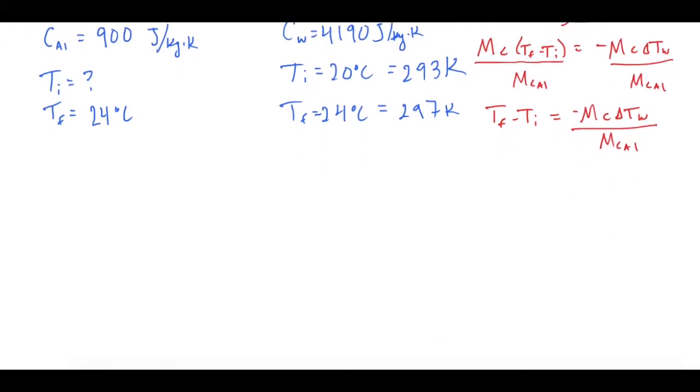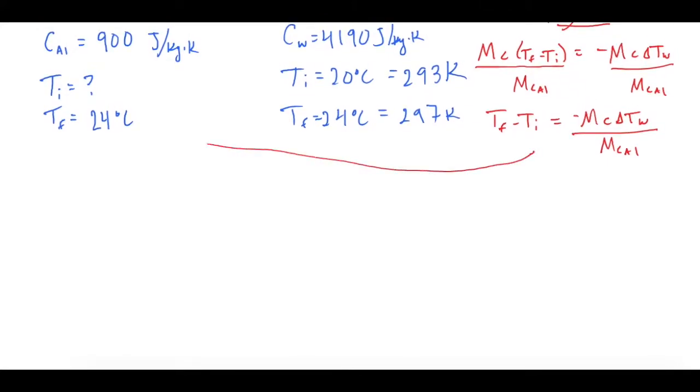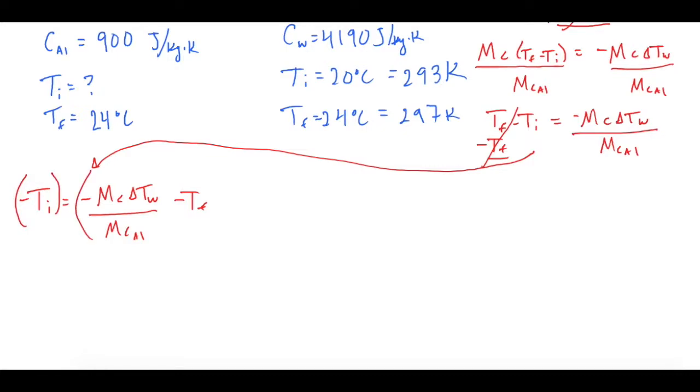Let's scroll down a little bit, and then I'm going to move it over here. So now we will subtract both sides by T final. So now we have a negative T initial is equal to a negative MCΔT of water divided by MC of aluminum, and then we subtract over T final. Now we want a positive T initial here, so why don't we multiply both sides of the equation by a negative 1.